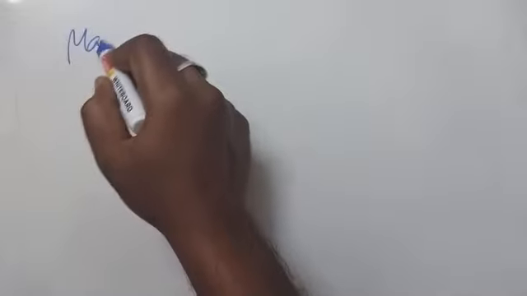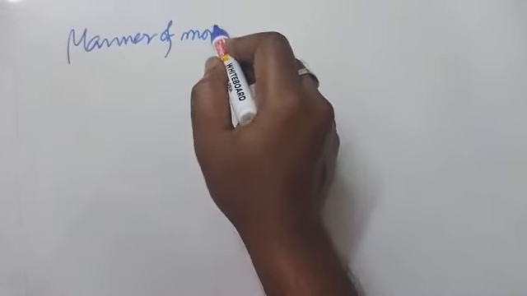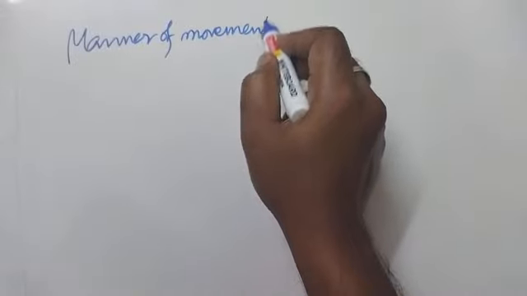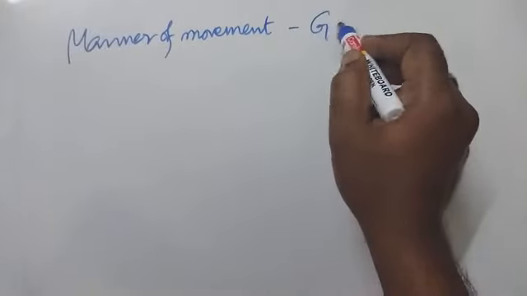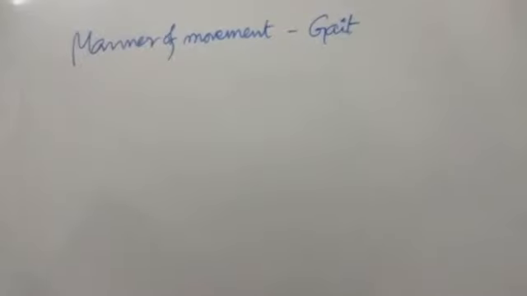The manner of movement is known as gait. Since different structures are associated with different animals, they have different types of gaits. The earthworm has only muscles, no bones.